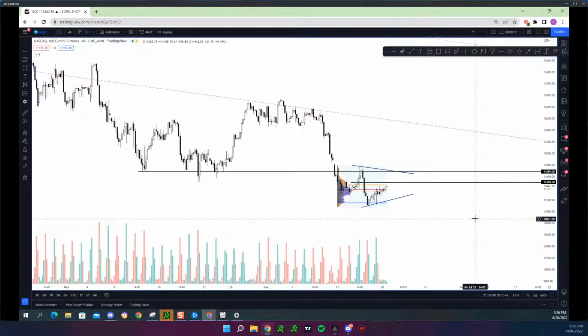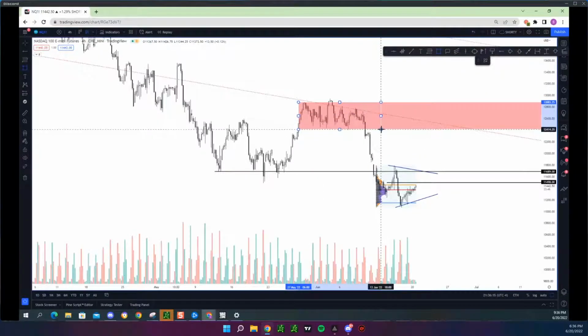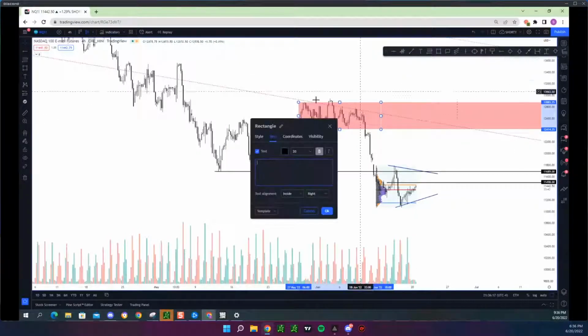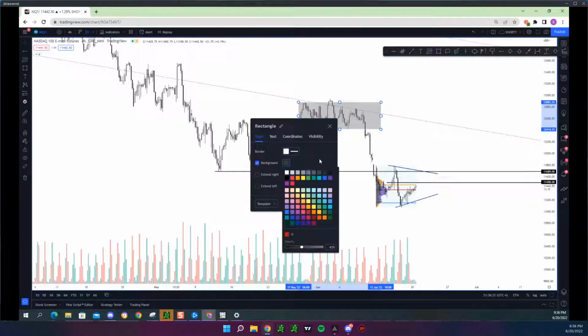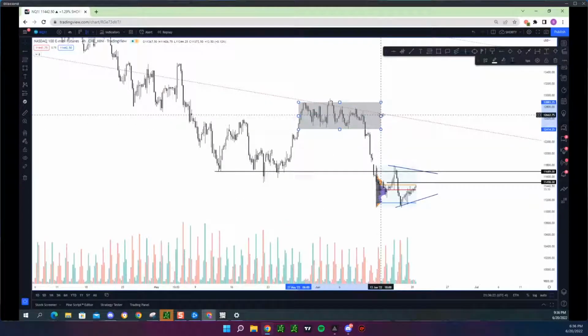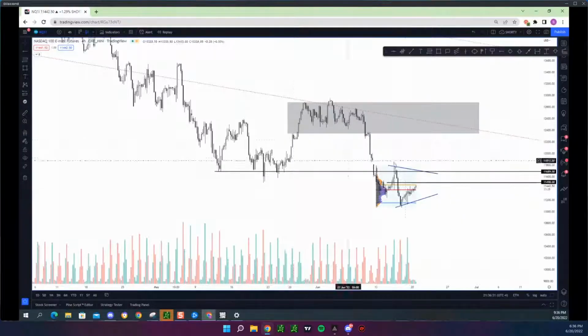I'll remove the fibs for a moment. We know we had a strong supply zone right here, right? So we'll keep note of that one. This is a pretty strong supply, and that's probably going all the way up to here.